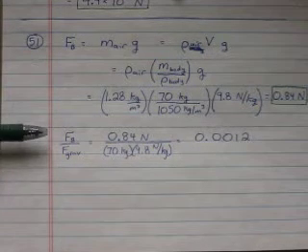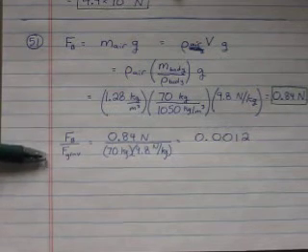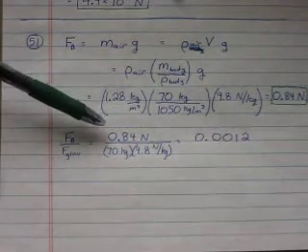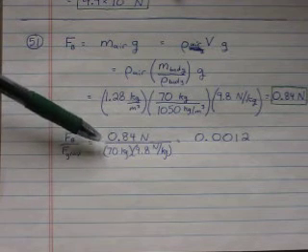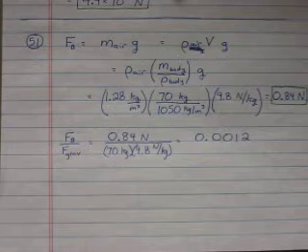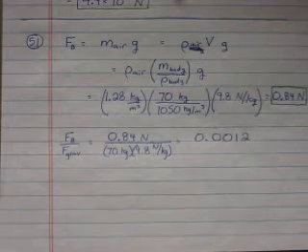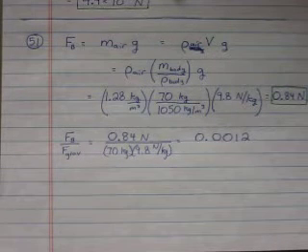We can do it as a ratio. The buoyant force divided by his body weight, I call that force of gravity. On the top I have the 0.84 newtons. On the bottom, his body weight, his mass times G. And we get that the buoyant force is about 0.1%. So the air isn't going to do much to float his body up.